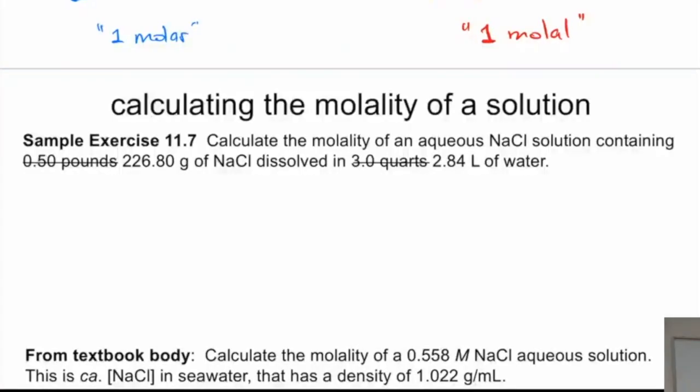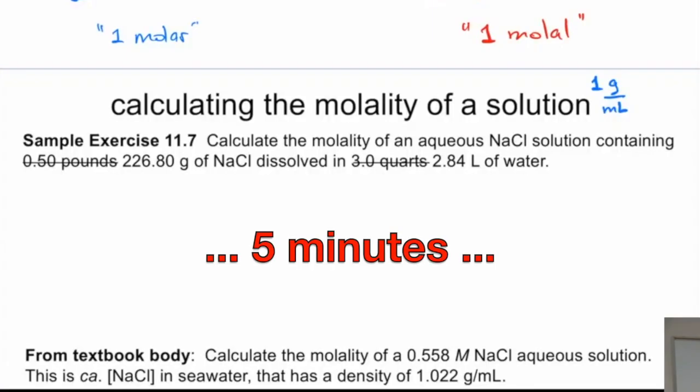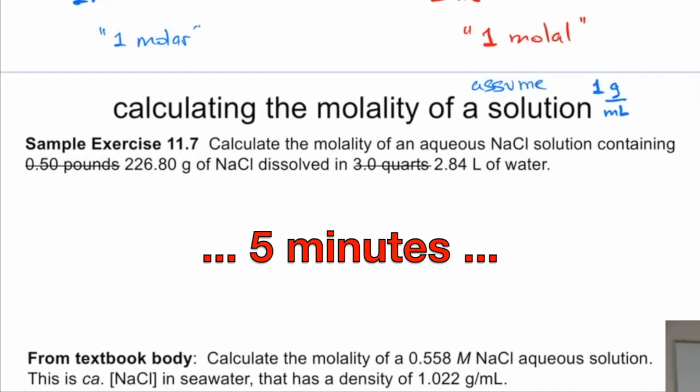If you're not given what the density is, or if you're not given the conditions, you can assume that you're at standard temperature and pressure, where the density of water is 1 gram per milliliter. It's okay to assume that, unless you're told otherwise. What was your answer?